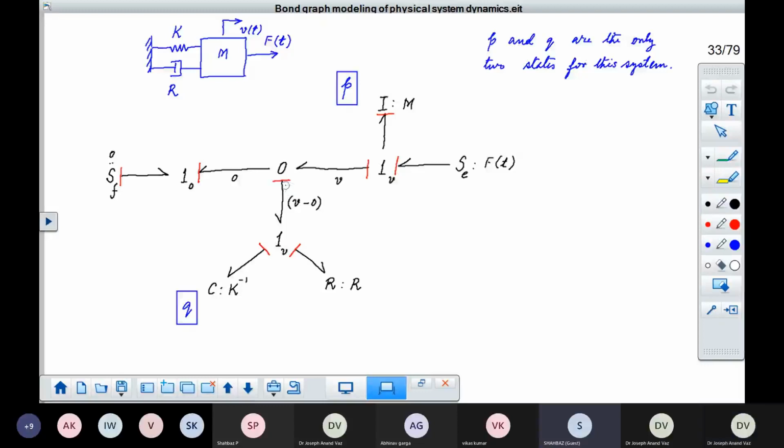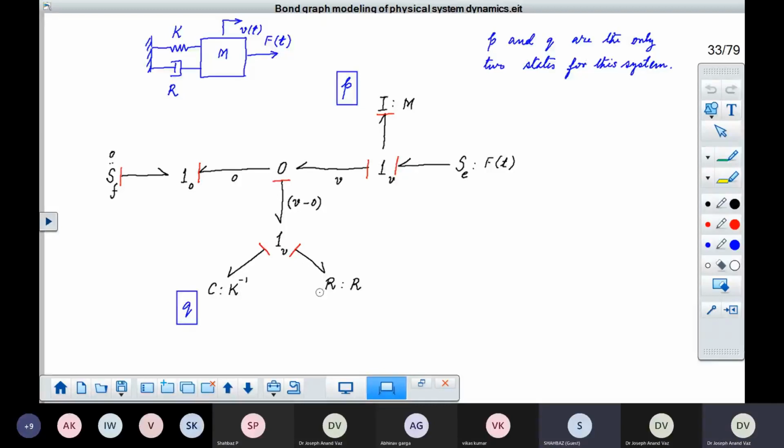Now this bond can be provided to a one junction because both these elements share the same flow across their ends, common flow. So we make it common using this one junction and connect the C element and the R element to it. So this completes our bond graph model.